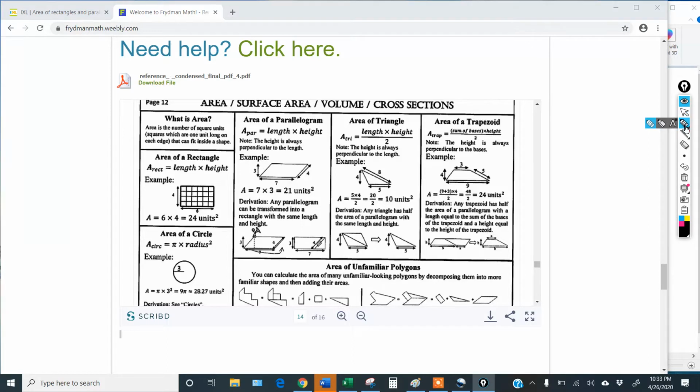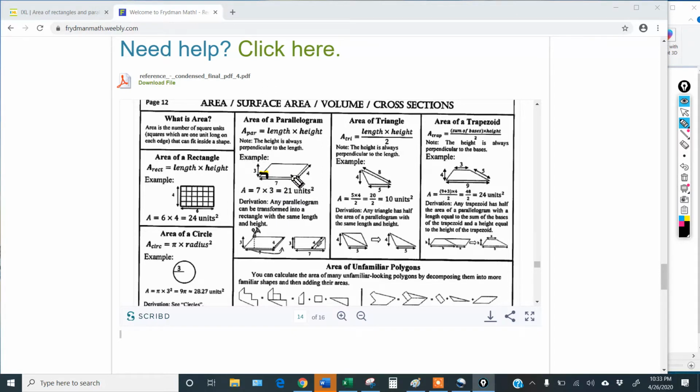By perpendicular, we mean that there is a right angle between them. Well, that's hard to see. I'll use a different color. There's a right angle between these two.